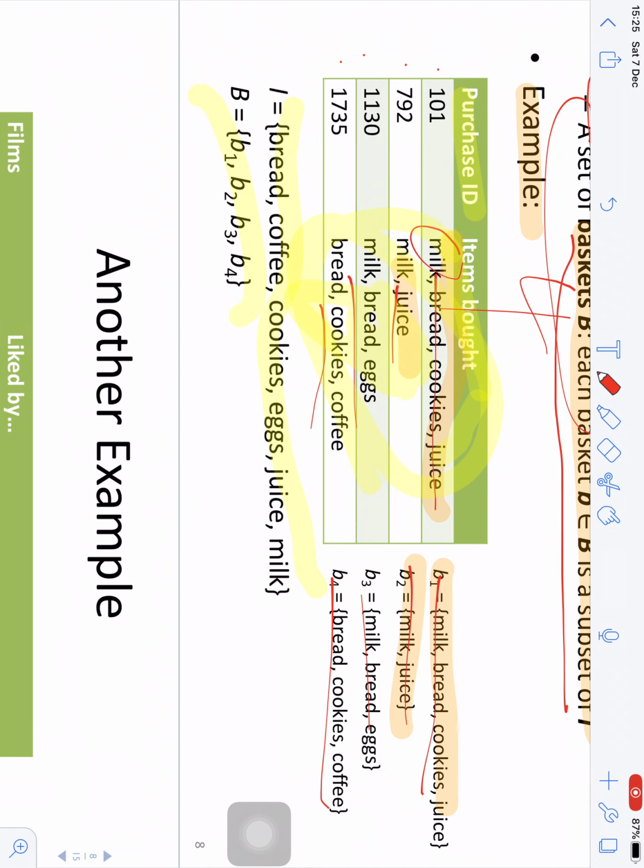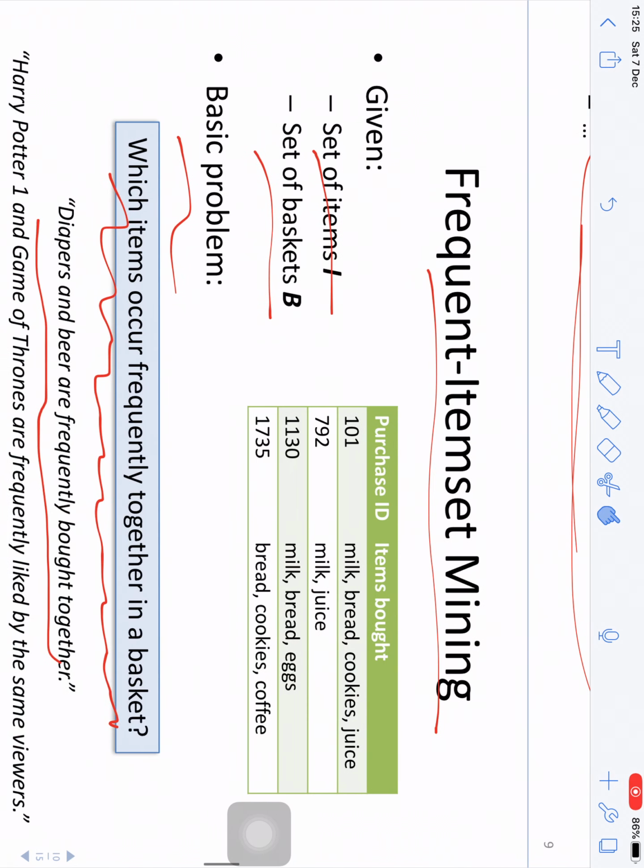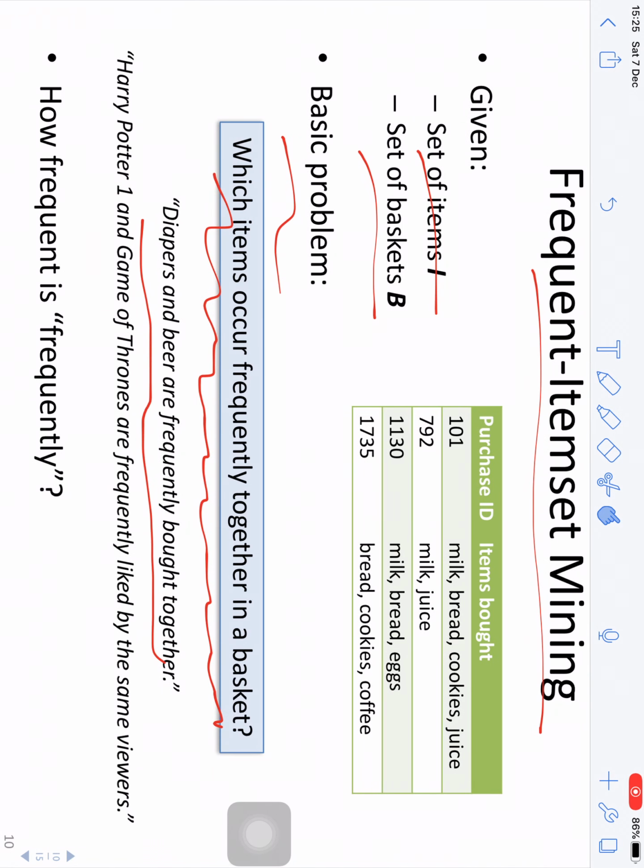The mathematical representations are equivalent. Here is another example with items and baskets, for frequent item mining: which items are frequently bought together?